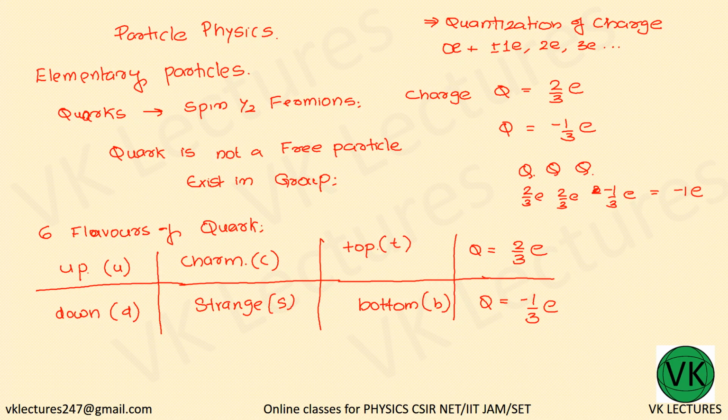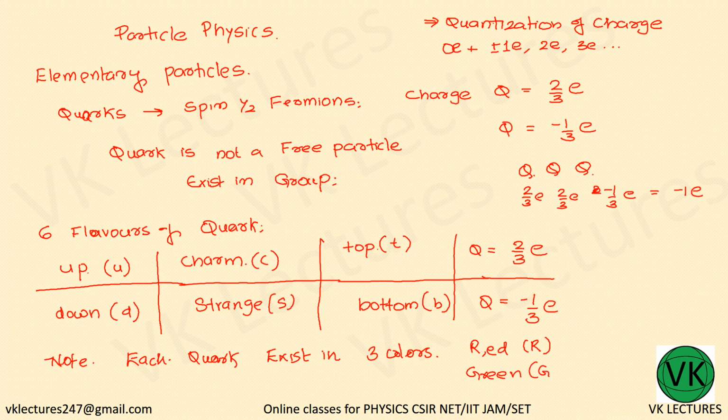Now there is a note: each quark exists in 3 colors, that are red, which is R, green, which is G, and blue. Now this color is just the color quantum number.